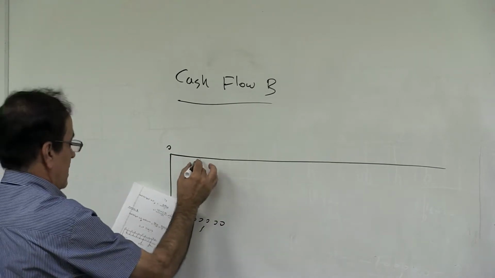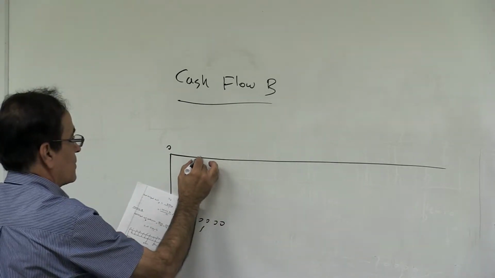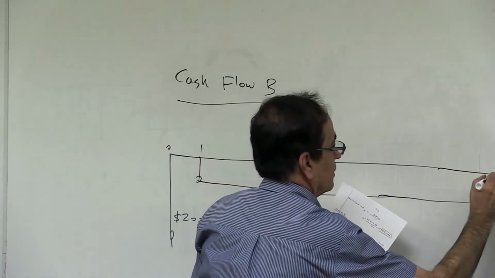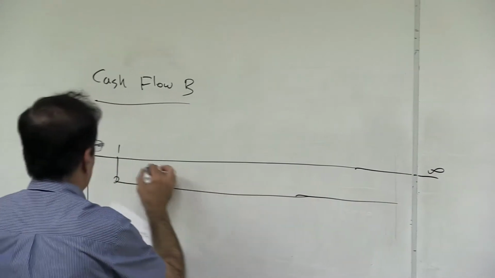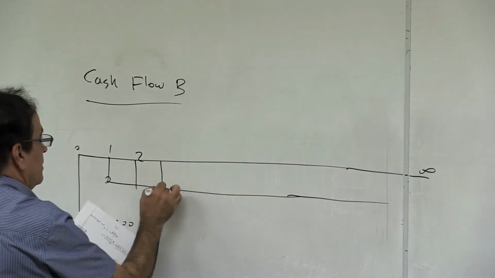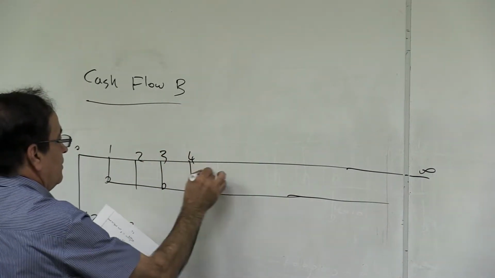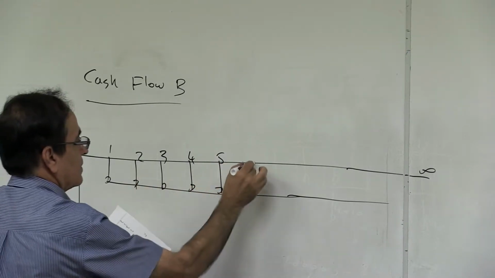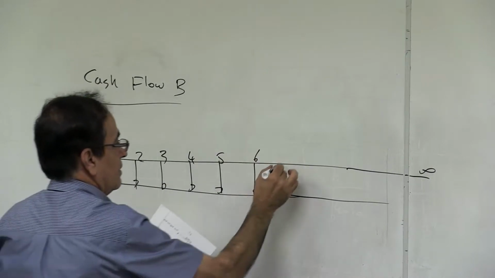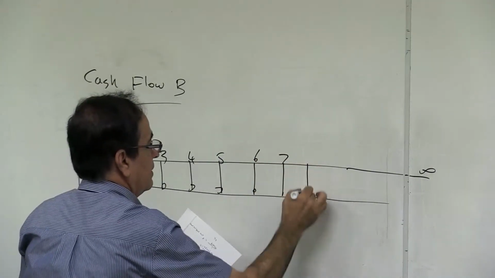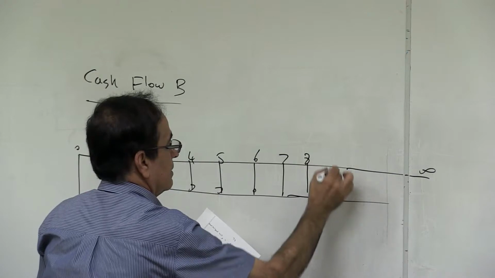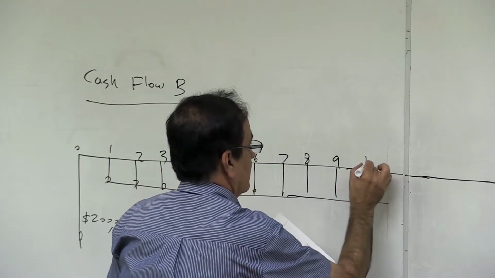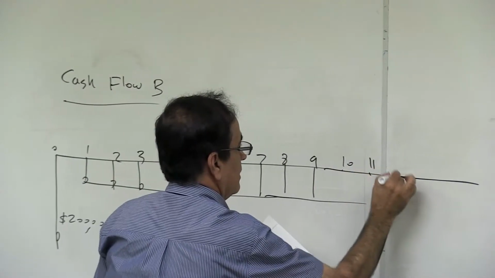And then you have the annual operating cost of 24,000. And that continues to infinity. So year 2, 3, 4, 5, 6, 7, 8, 9, 10, 11, 12.